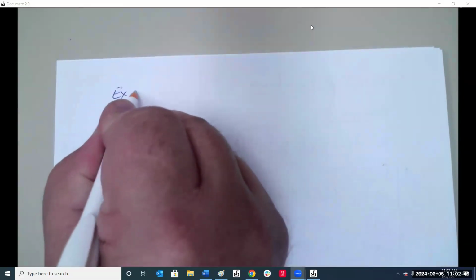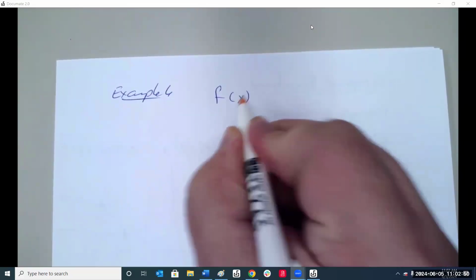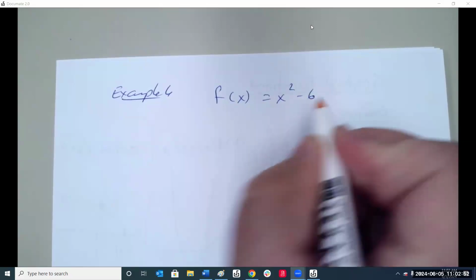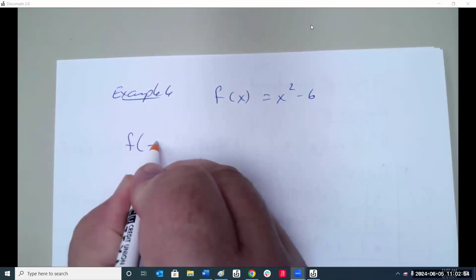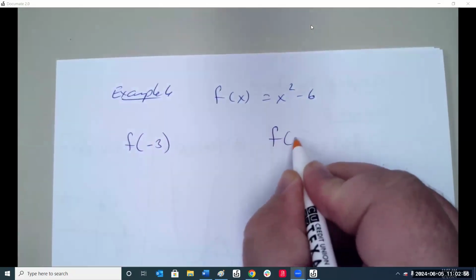Example 6. Here's the function: x squared minus 6. Find these two values.